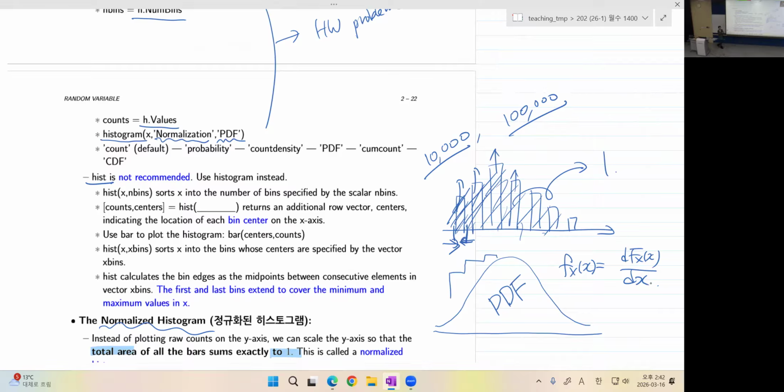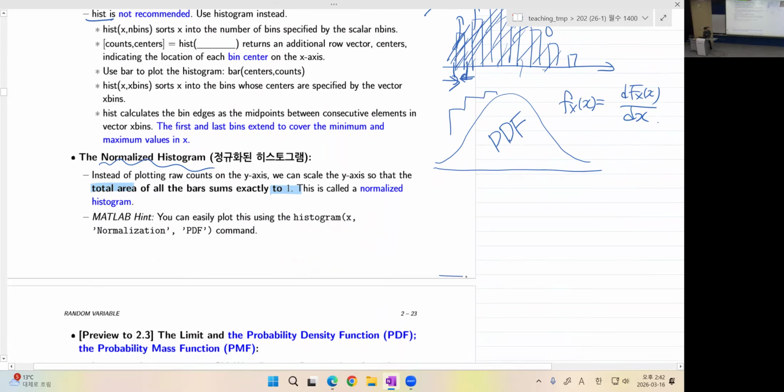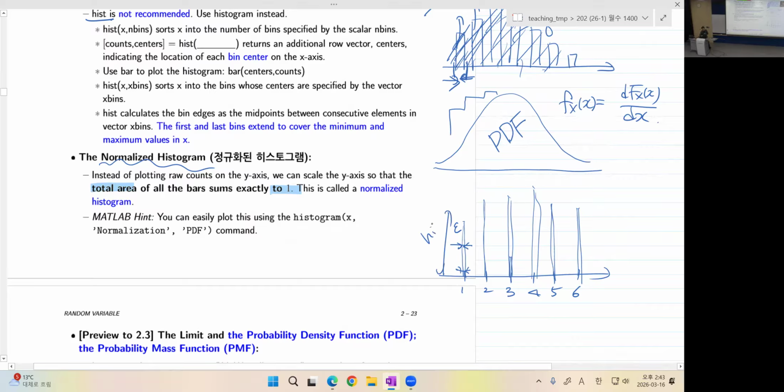Then what about that rolling die experiment? What do you guess will happen if you apply this idea of the normalized histogram and its limit? You will see something very strange, right? As you reduce the bin size, you have rectangles with very small width and very high height, right?